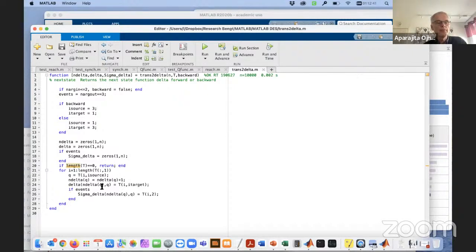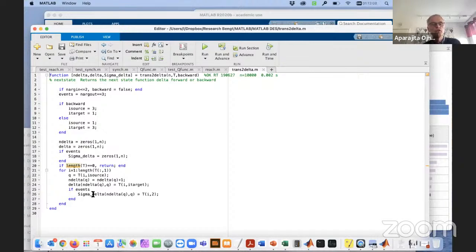Then this delta will get in its first position 2, because that is one target state, and on the next row you will get 3, which was the other target state. So you just fill the columns of the delta function with the target states of a specific source state Q.